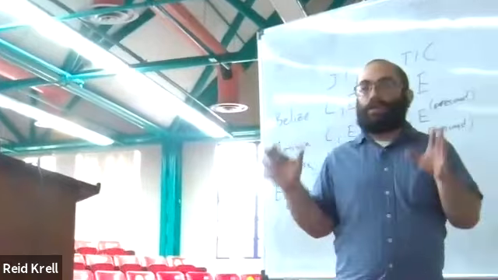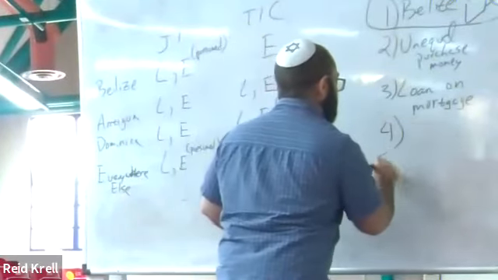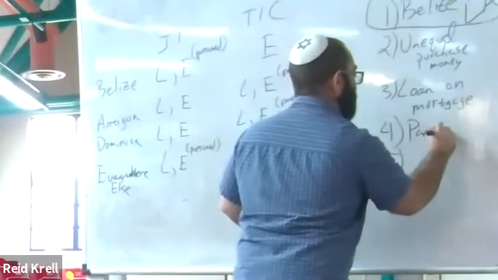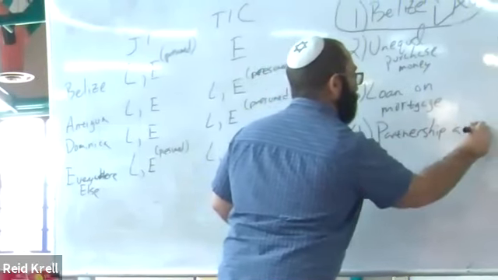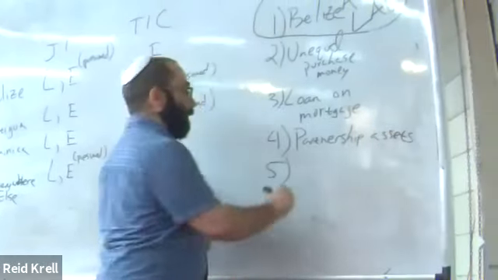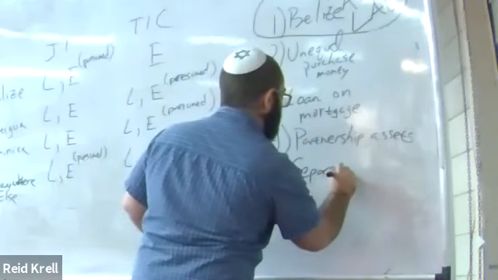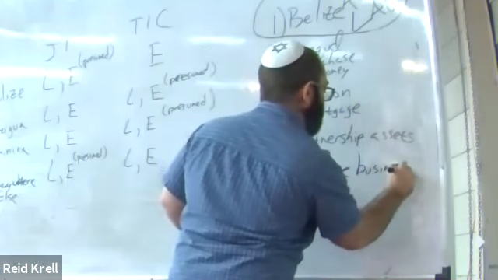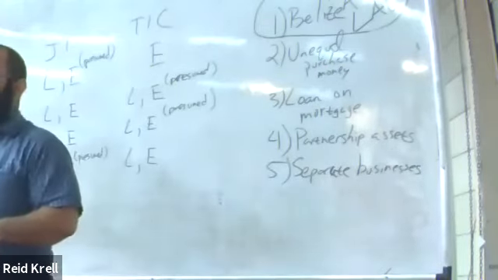The last two situations where equity presumes a tenancy in common are both about business. And that's where partnerships, right, where partners buy property together. And lastly, where non-partners buy property together. So these are fairly straightforward, right?